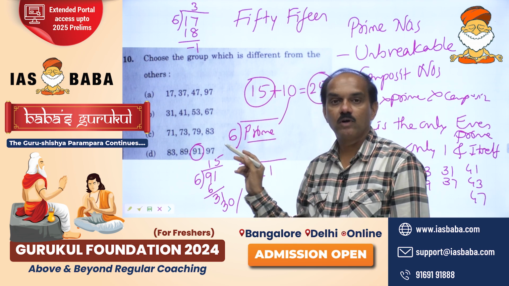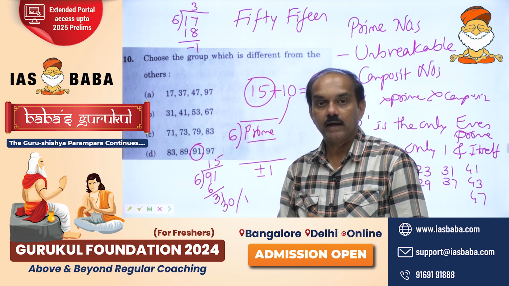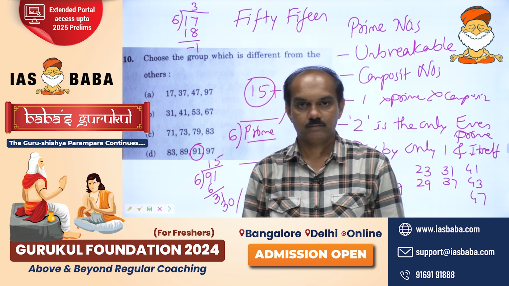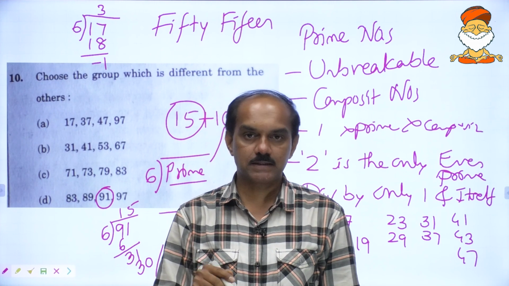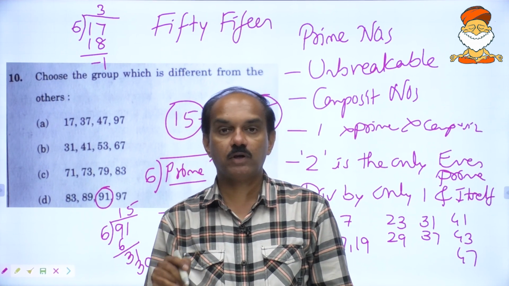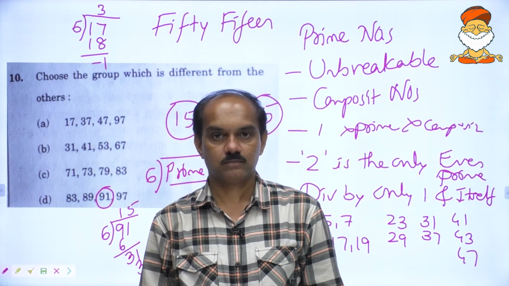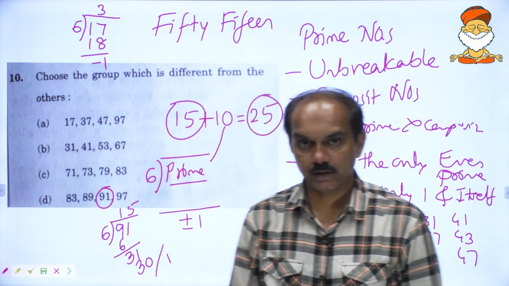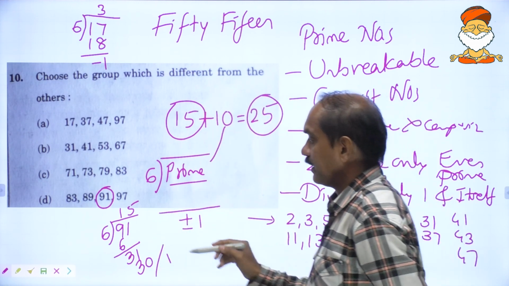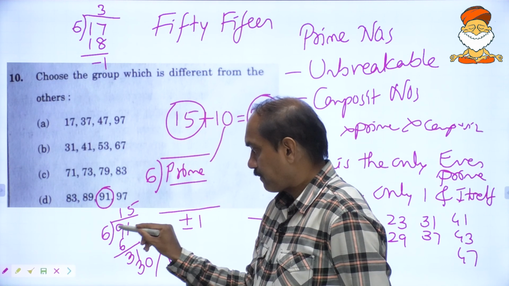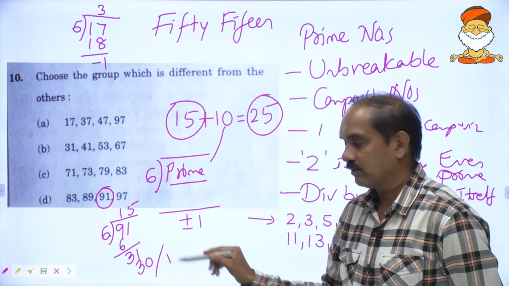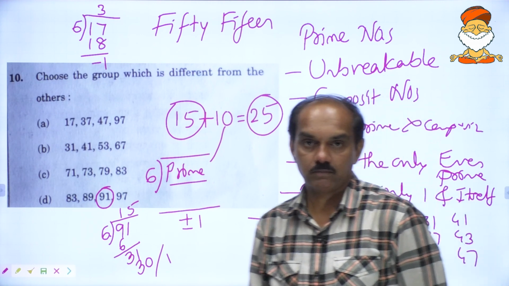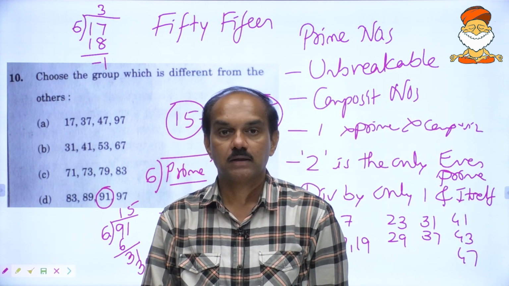Here what I said was, you take any prime number, divide it by 6, and the remainder will be +1 or -1. I didn't say that if you divide a number by 6 and the remainder is +1 or -1, then it is prime.